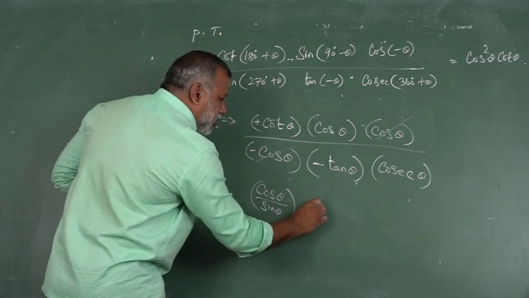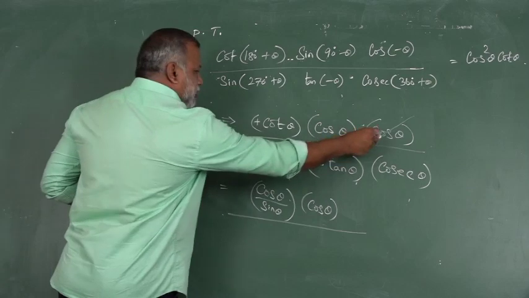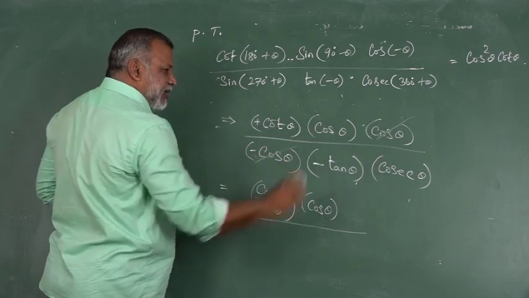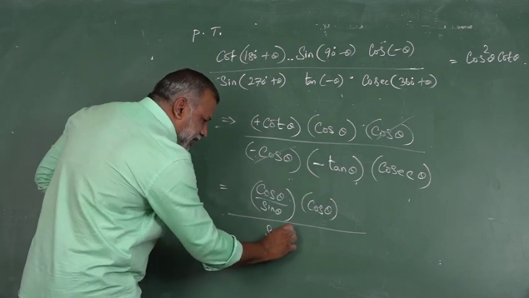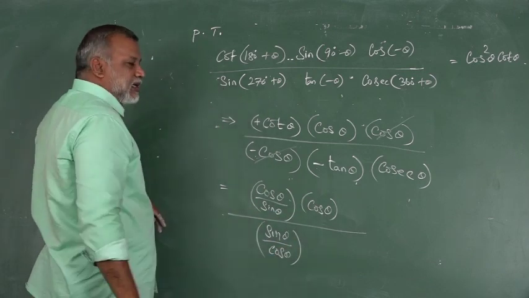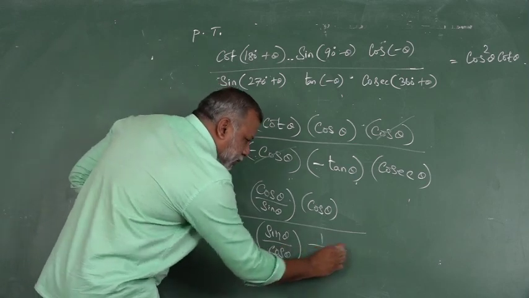The remaining one more cos in the numerator, divided by, this is cancelled in numerator and denominator. Both negatives will be eliminated. Instead of this tan, it can be put in the form of sin by cos. Remaining one more cosecant. Cosecant can be written in the form of 1 by sin.